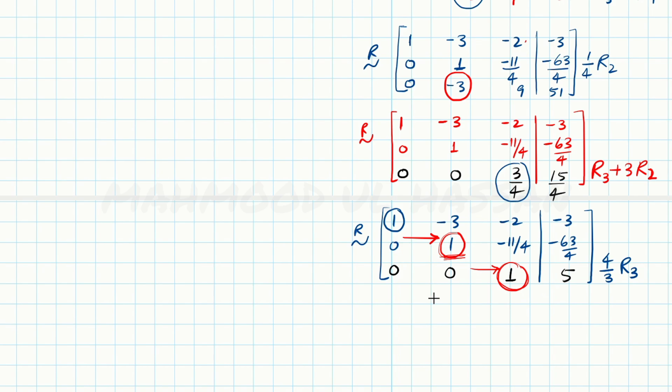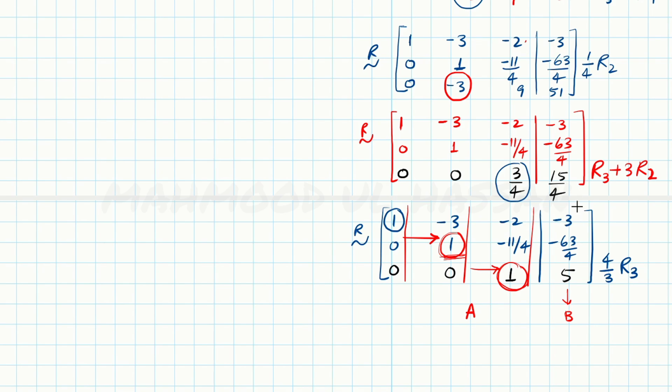Now this matrix is basically our matrix A, and this was our matrix B, now updated. These are the coefficients. In the first column, these entries are the coefficients of x, these are the coefficients of y, and the last column holds the coefficients of z.